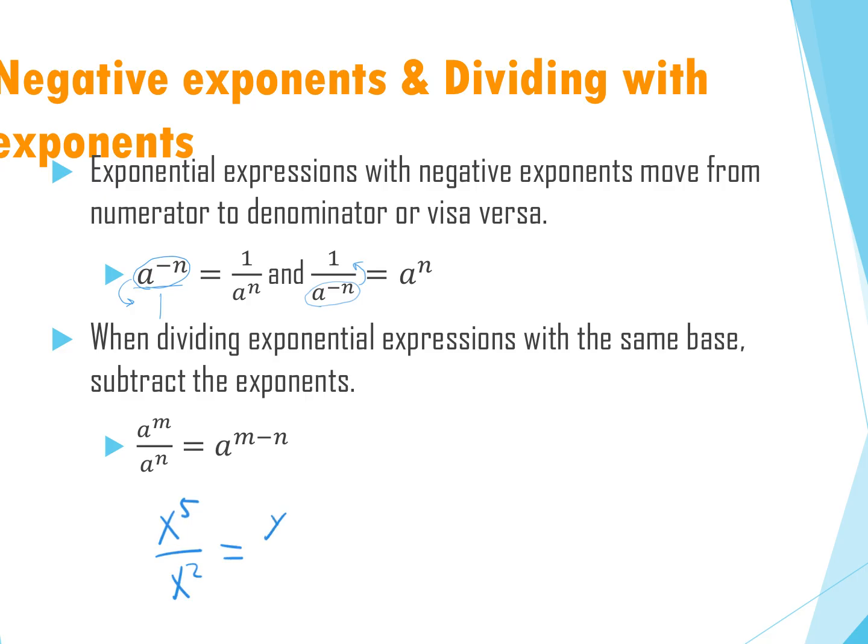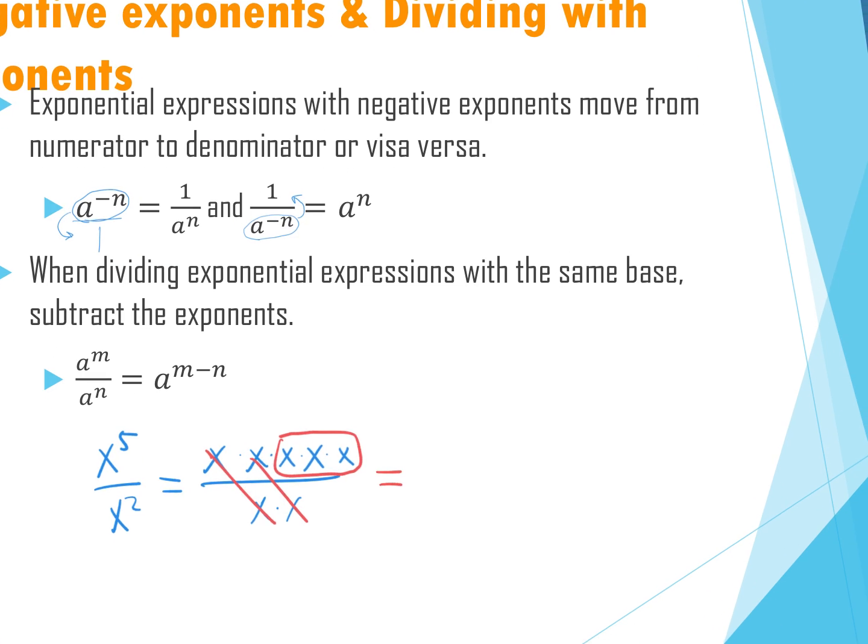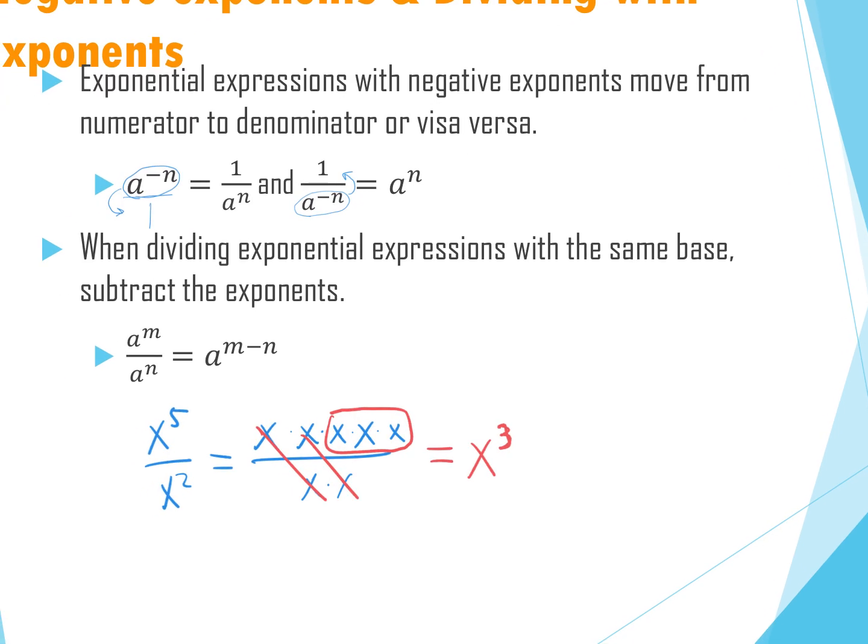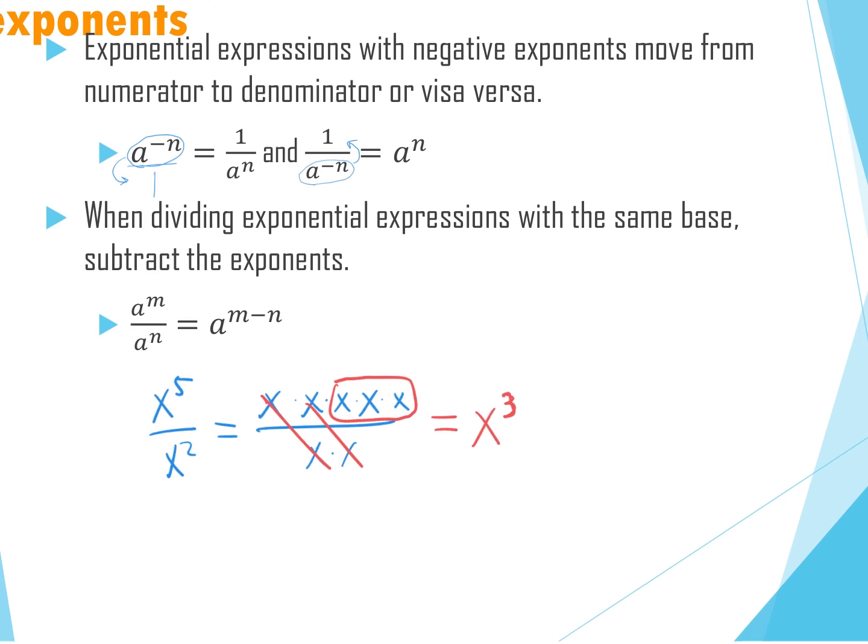Well, this is the same as saying x times itself 5 times. X squared is the same as saying x times itself 2 times. Now, when you go to cancel out common factors, you're going to end up with some leftover x's, 3 of them. And it's just going to be 3 that are left over when you do 5 minus 2. So same exact steps.